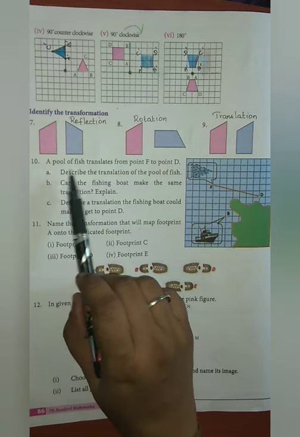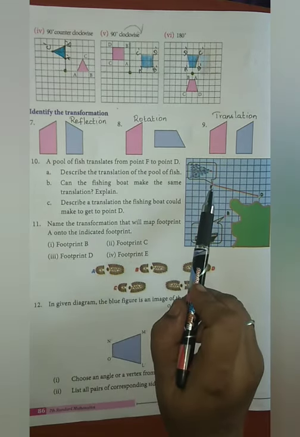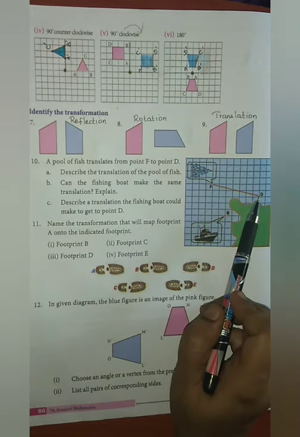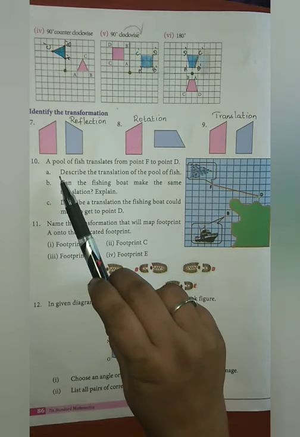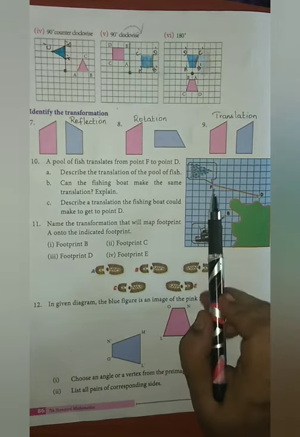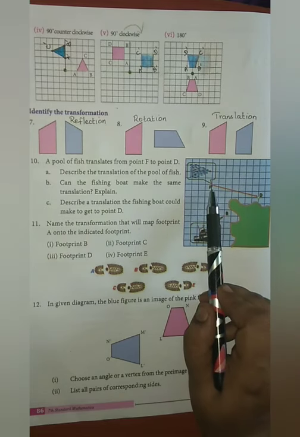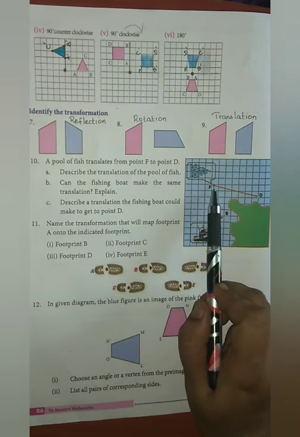10th problem, a pool of fish translates from point F to point D. Describe the translation of the pool of fish. So from F to D, we are asked to write the translation. F denotes the pool of fish.